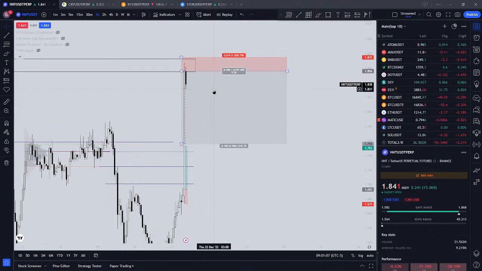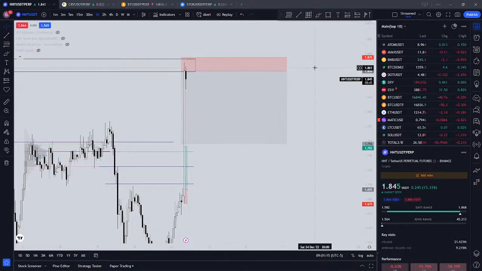This might be a nice trade actually if it goes back into this area, which it might not. Let's see if it respects the order block. Doesn't look good though. Yep.